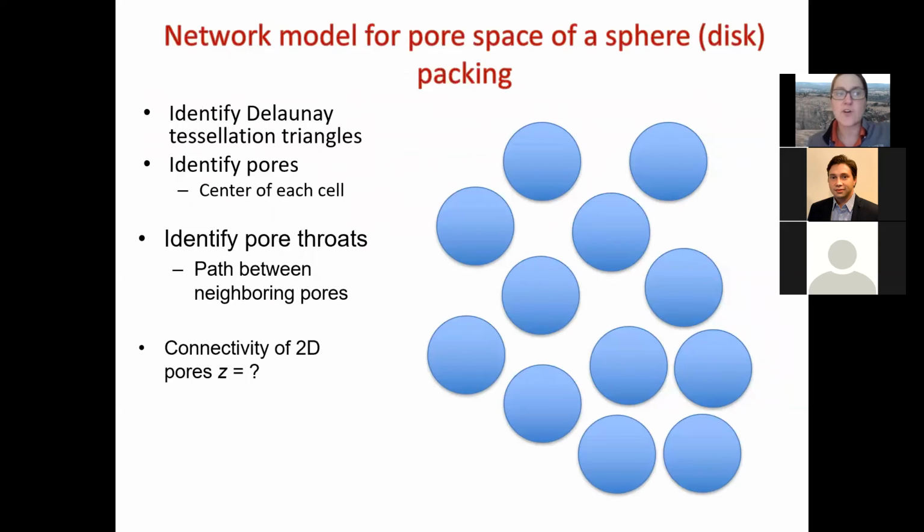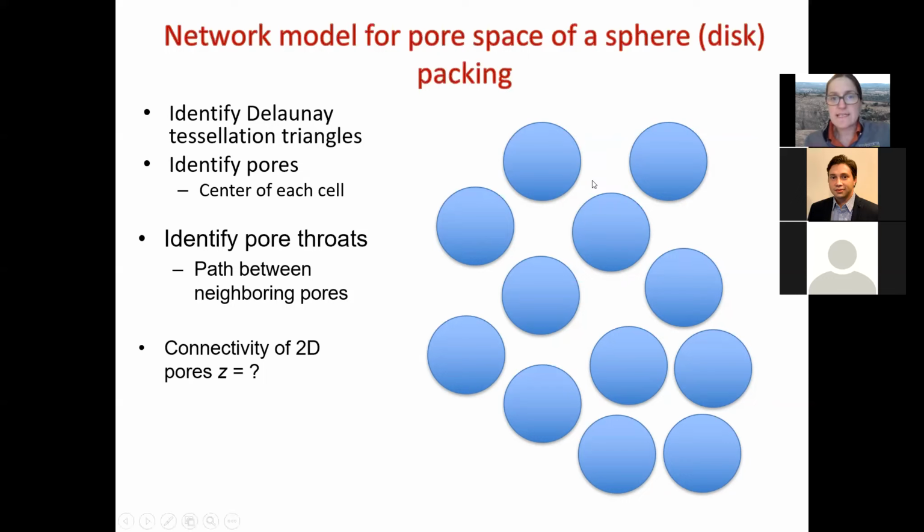So let's just comment on how I get this network from pore space using a spherical packing, or as long as I have really any kind of grains that are well defined, and we will comment on the methods that try to identify grains in images. So assuming I have a set of grains and their centers, and I can think about them as spheres, this is the method that would apply.